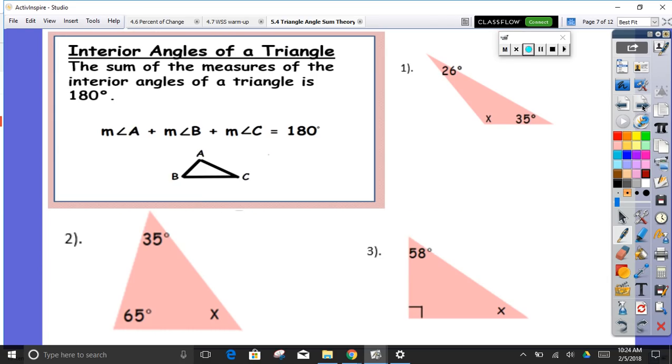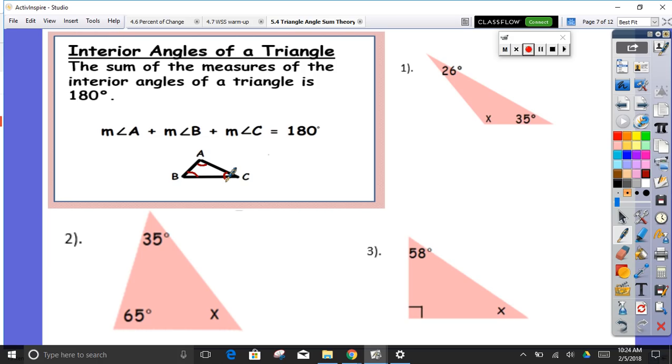Okay, here is the triangle angle sum theorem. The sum of the measures of the interior angles of a triangle is 180 degrees. So when we take the 3 angles in a triangle, this says the measure of angle A plus the measure of angle B plus the measure of angle C equals 180. If we add these 3 together, they equal 180.